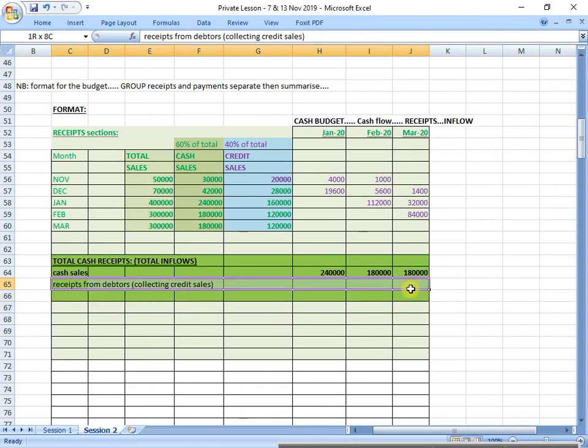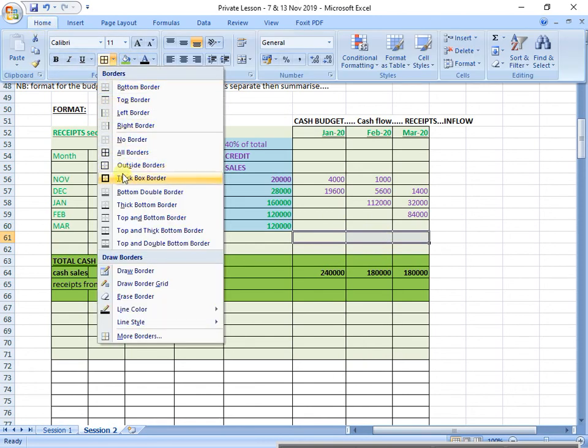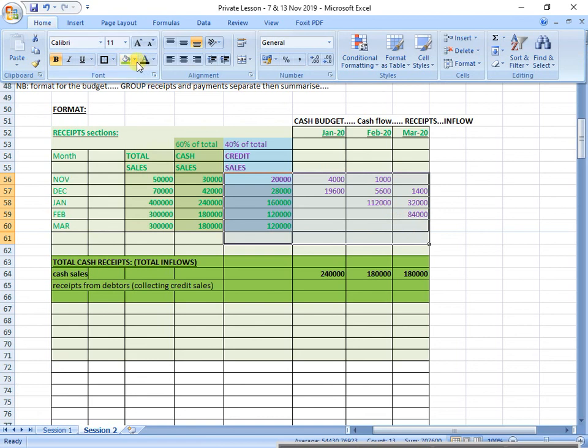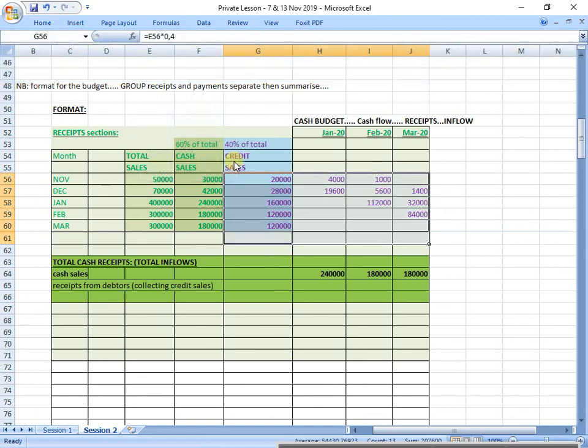Okay, receipts from our debtors. How much receipts did I get from my debtors? Well, for January, I need to tally up. Do you see that? Okay, so I need a little subtotal here, because I've got all these amounts, and I need to know how much the collections were. Does that make sense?